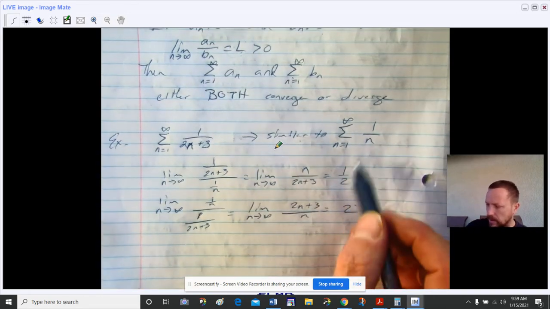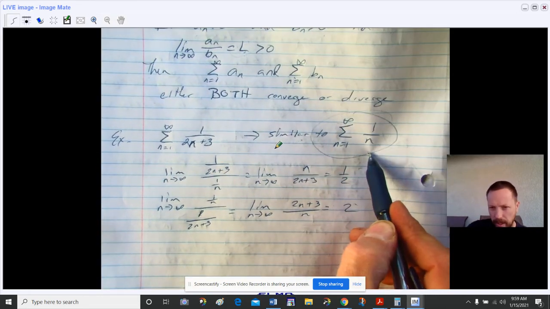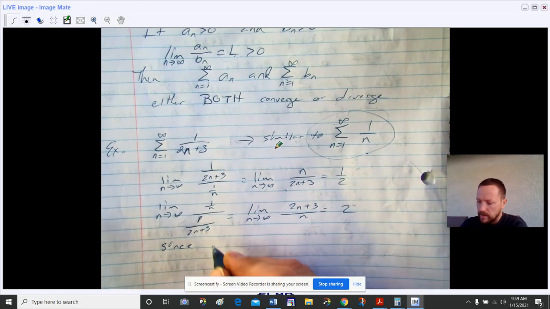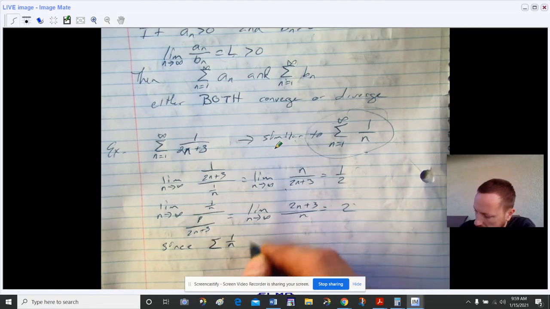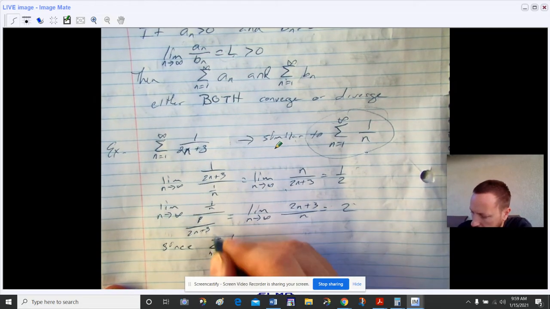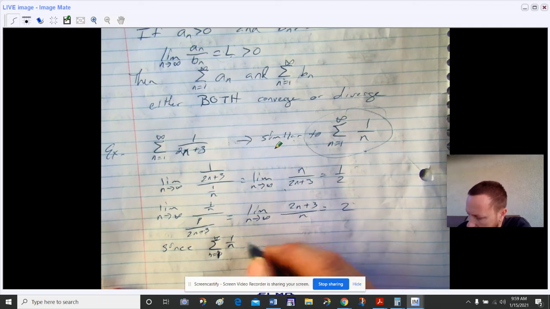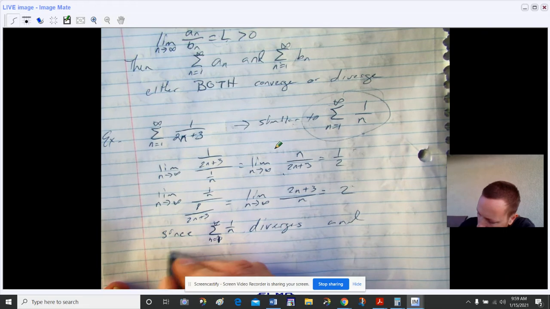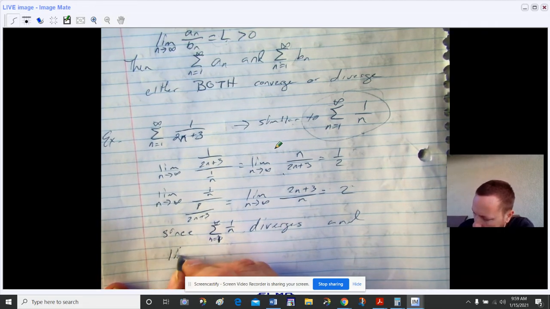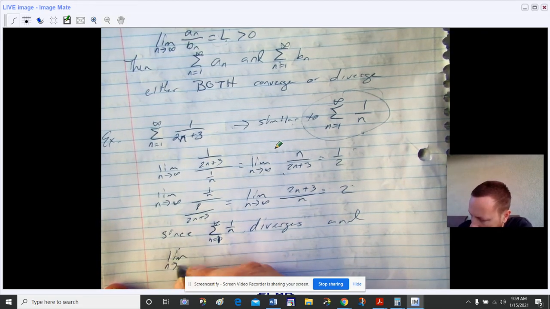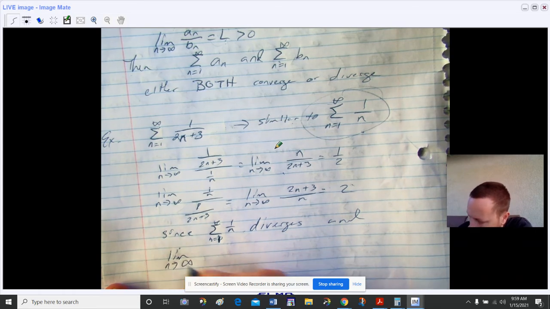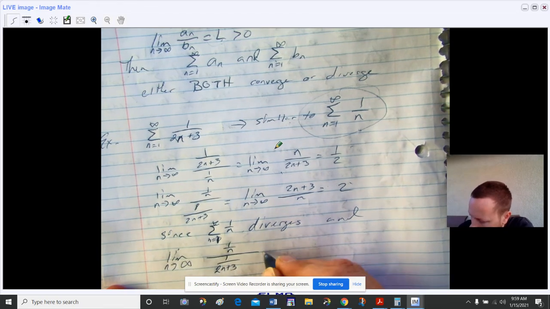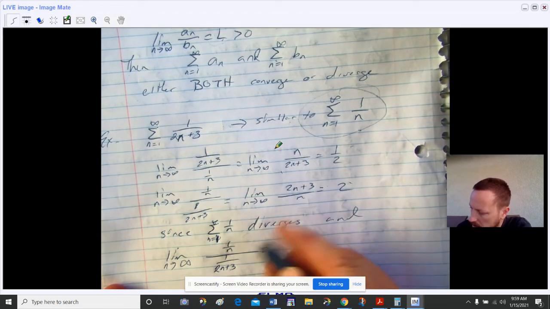So now with that, we'd say, okay, I know this diverges, since the sum from n equals 1 to infinity of 1 over n diverges, and the limit as n approaches infinity of 1 over n over 1 over 2n plus 3 equals 2, whatever.